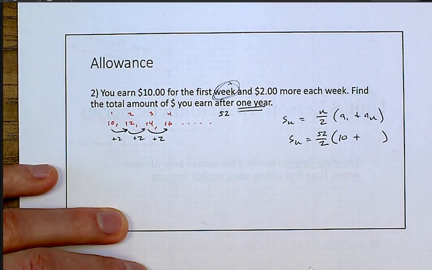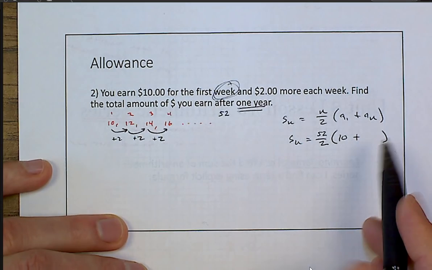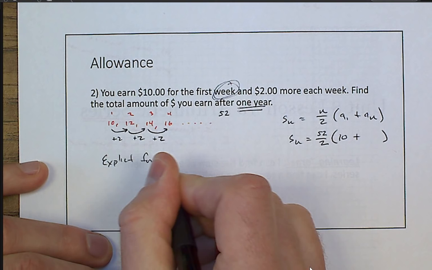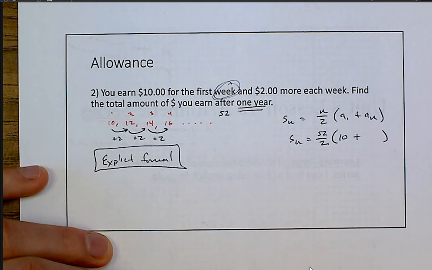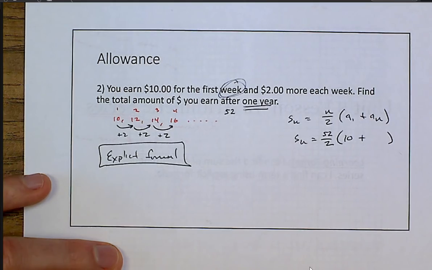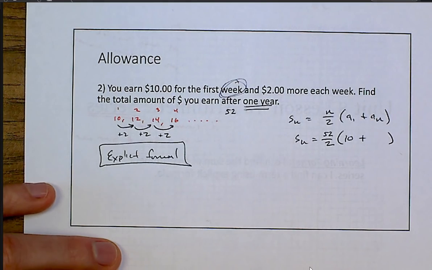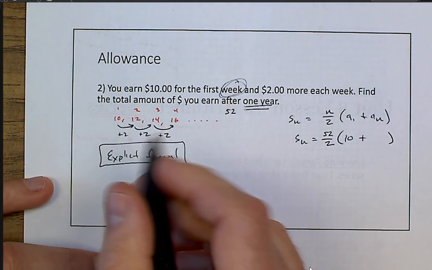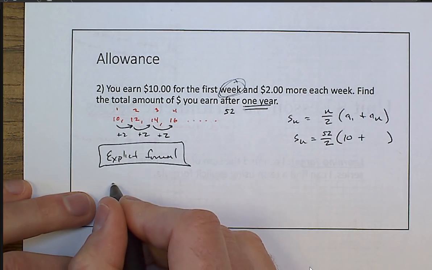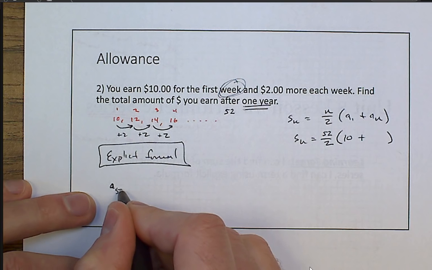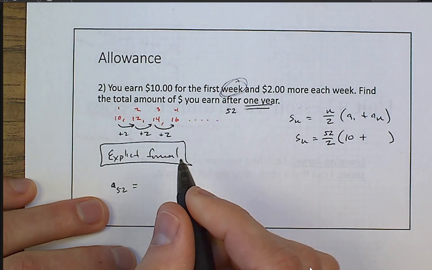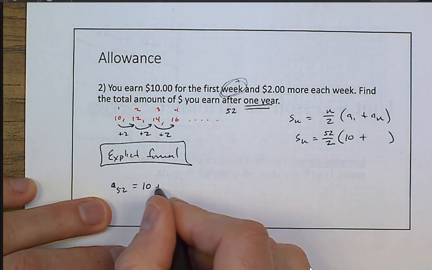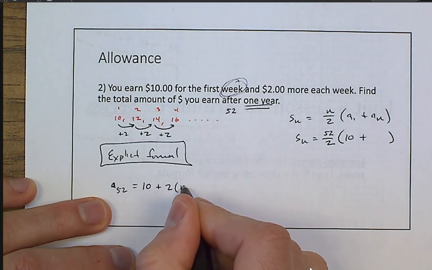You do know how to find it from your arithmetic sequence lesson in lesson 1. How do we find this last term? Well, you need to go back to your explicit formula on how to find numbers within an arithmetic sequence. So we know a sub n, or a sub 52, is going to equal what? The number that we started out with plus our common difference times n minus 1.